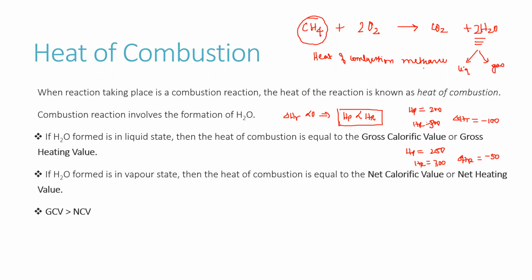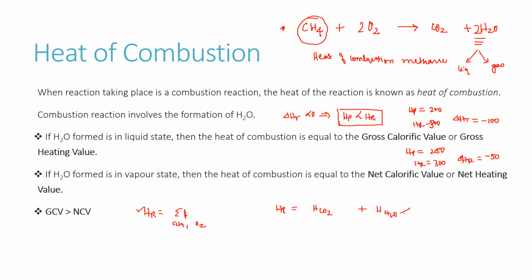If we apply the same concept over here to the methane reaction, the enthalpy of the reactants is basically the summation of enthalpy of CH4 and oxygen, right? That's not going to change. When we talk about products, we have enthalpy of carbon dioxide and enthalpy of water.